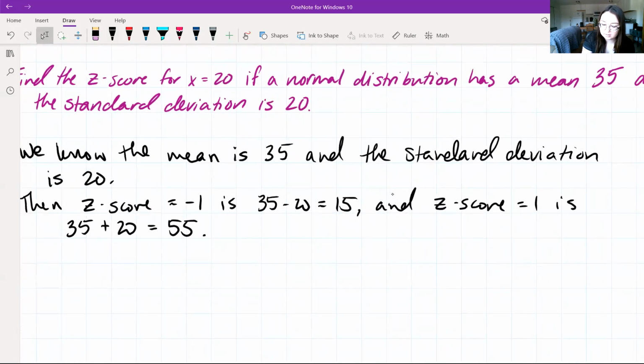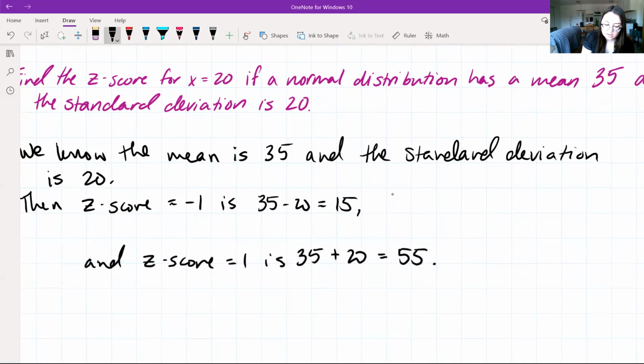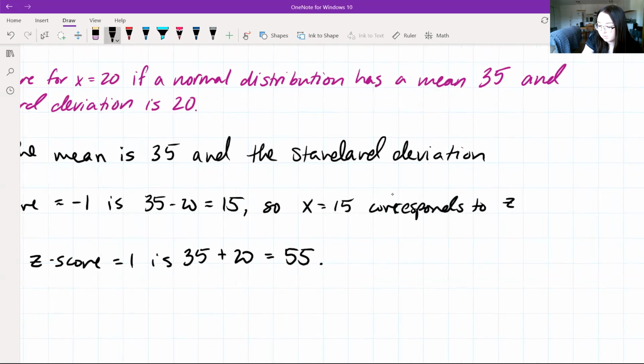So let's take the second part of this and move it down. So we can say that our z-score equal to -1. It's 35 minus 20 equals 15. So x equals 15 corresponds to z-score equals -1.